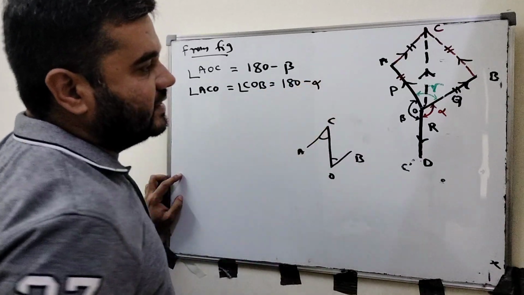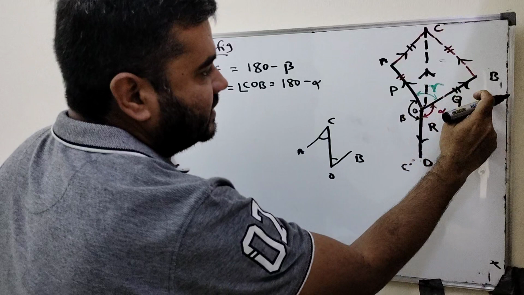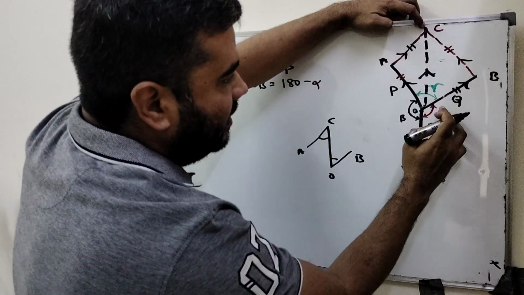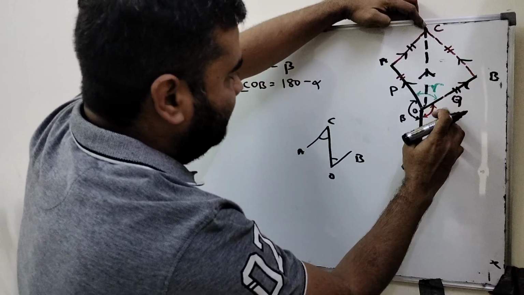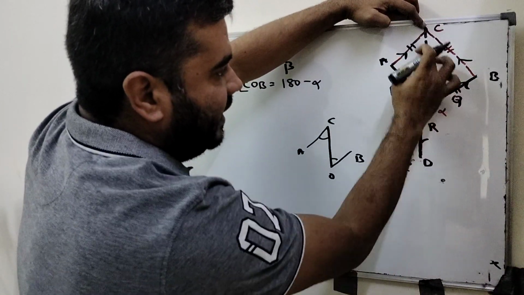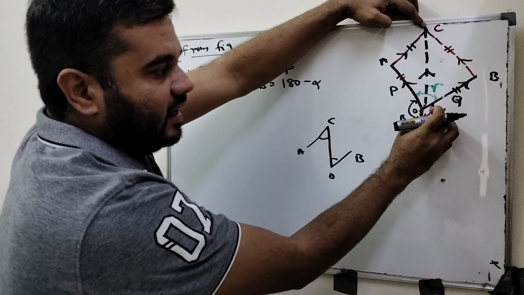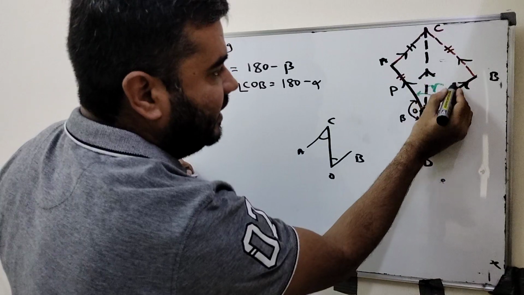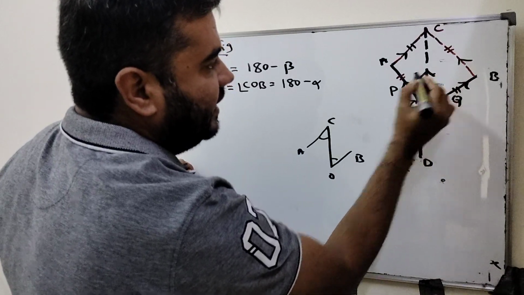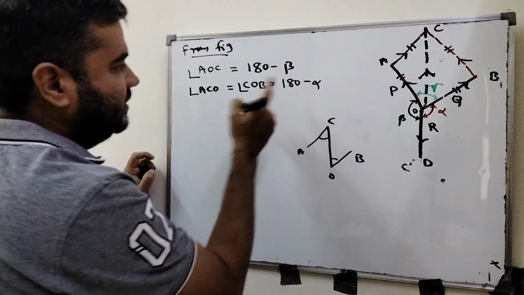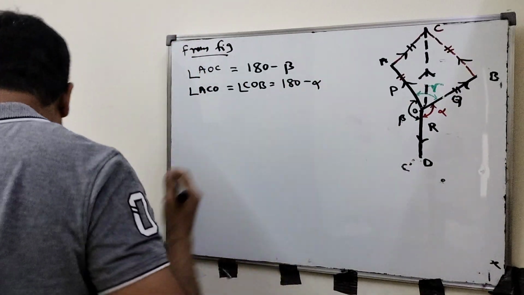How do we get 180 minus alpha here? COB: this line is 180 degrees, minus this angle alpha, gives 180 minus alpha. So this angle is 180 minus alpha, and the other angle is 180 minus beta.